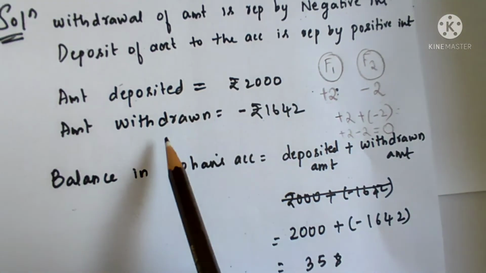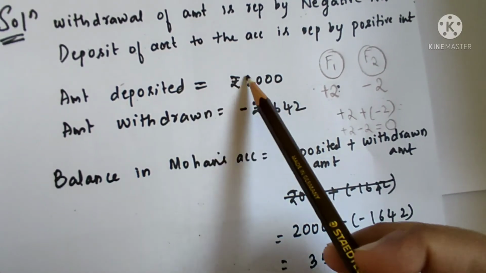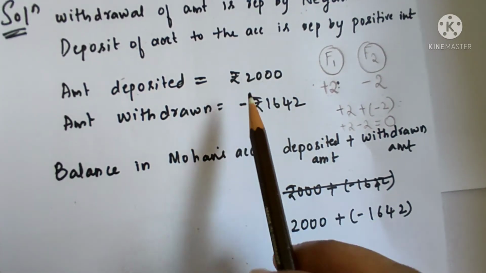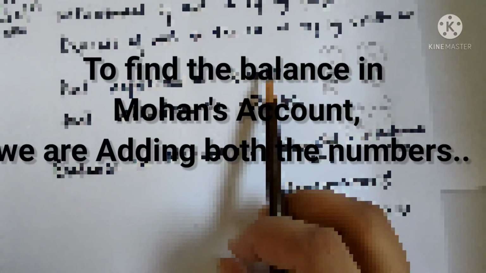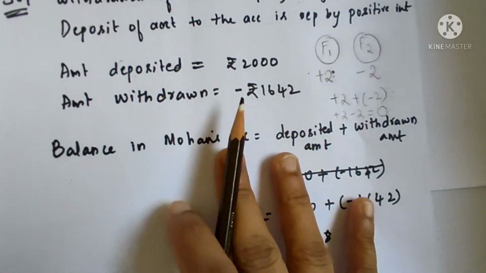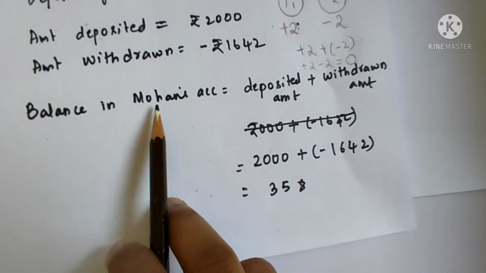Now going with this logic, we have to add these two numbers, correct? So this is 2000 and this is minus 1642. We have to sum up 2000 plus minus 1642. So how much is the balance remaining in Mohan's account?